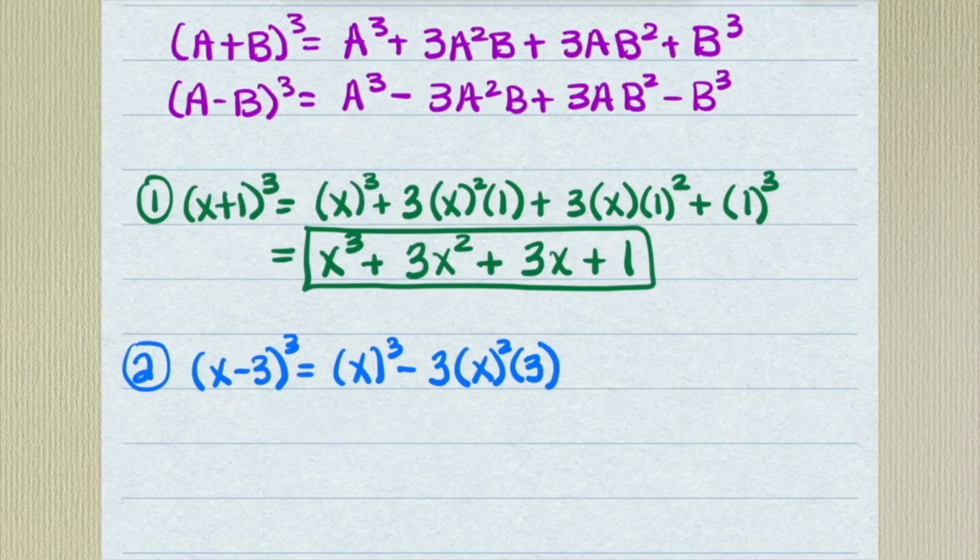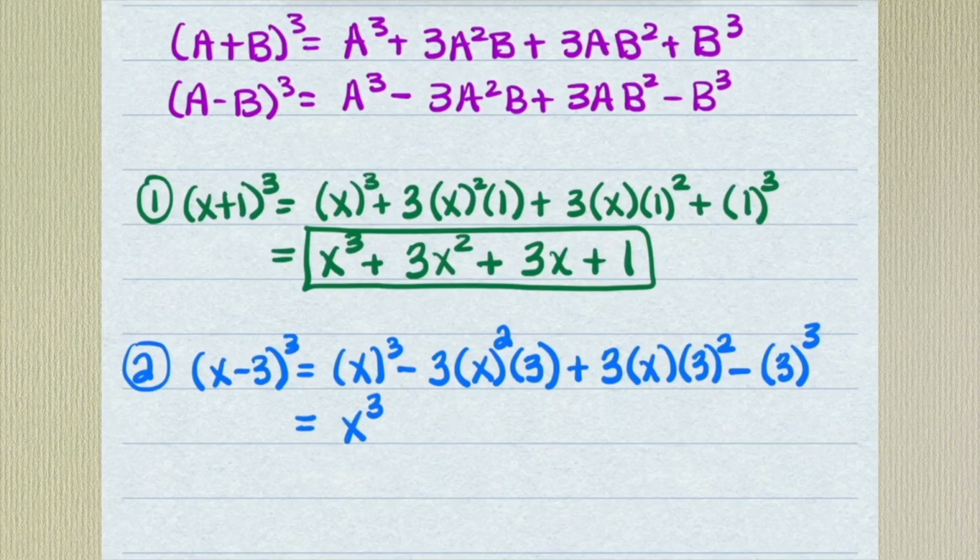Now, if you were doing distributive property, absolutely pull the sign. But if you're following the property itself, then do it, okay? Plus 3 times the first term times the second term squared minus the second term cubed. x3, x3, yep, okay, cool beans.